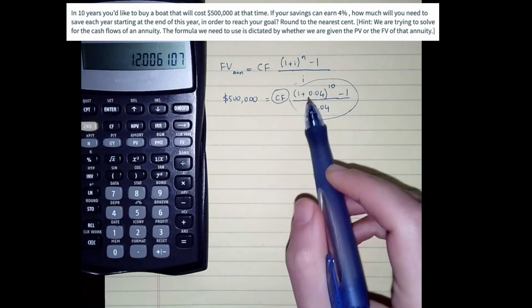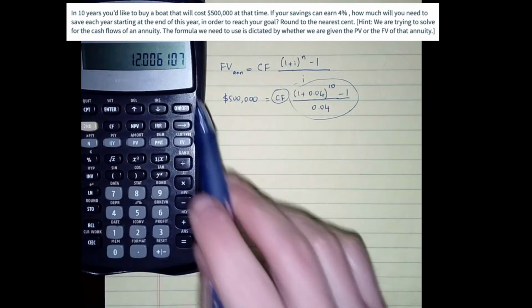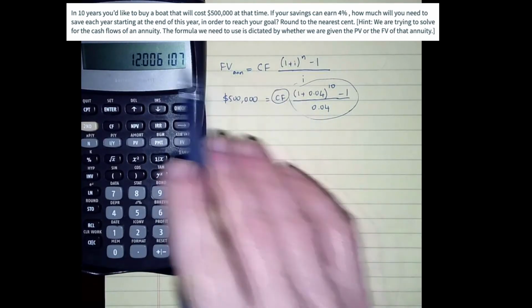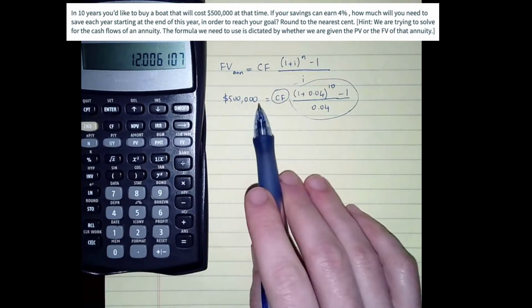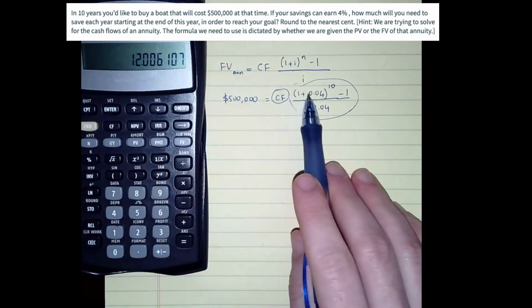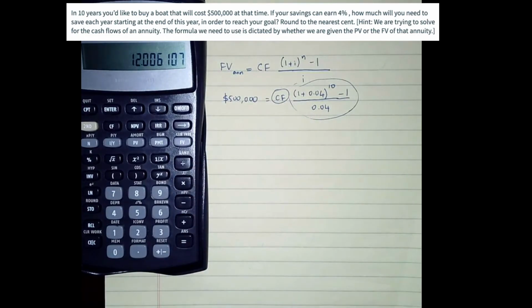All right. So now I want to divide both sides by this number. That's going to leave cash flow alone. So we're going to have 500,000 divided by this. It's going to give us the annual amount we need to save.